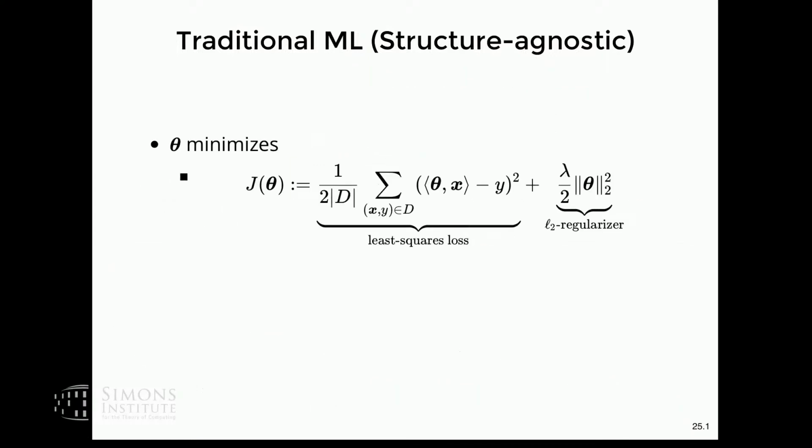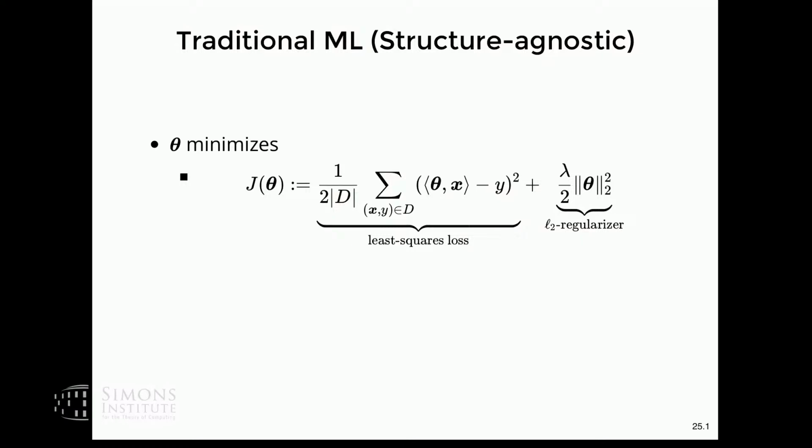Our goal is to find the theta that minimizes the following expression. Here, theta times x, this inner product, is our prediction for a given combination of input features x using our parameter vector theta. And our target, which we are trying to get as close as possible to, is y. So we take the error, the difference between our prediction and the true y, we square the difference, and we sum over all pairs in our training data.